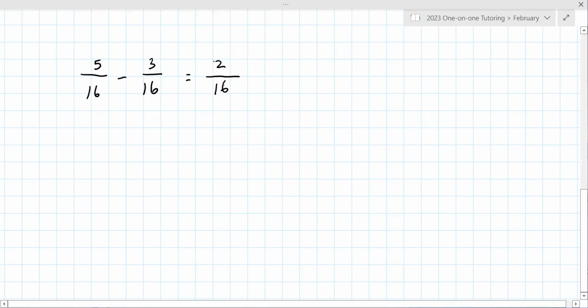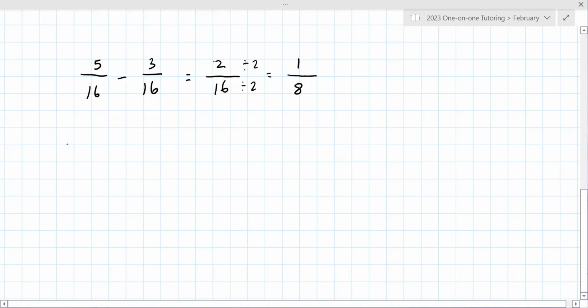Okay, and then does that reduce? By 2, yeah. 2 divided by 2 is 1. And 16 divided by 2 is 8. 1 over 8. Good. So notice that this one cannot be reduced further because there's a 1 on the top. That's one reason. There are others, but let's just keep going here.